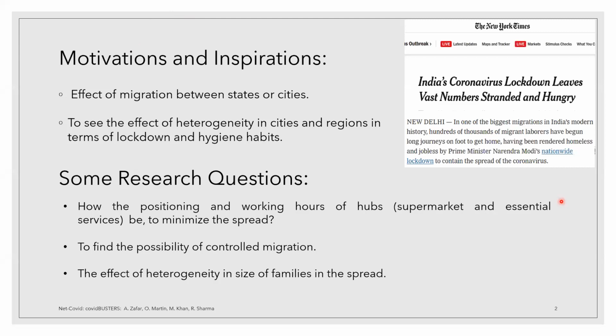Some of the research questions that we would like to answer with our project is how the positioning and working hours of hubs like supermarkets and essential services should be, so that the minimization of the spread can be done, to find the possibility of controlled migration if there is any, and also to see the effect of heterogeneity in size of families in the spread.